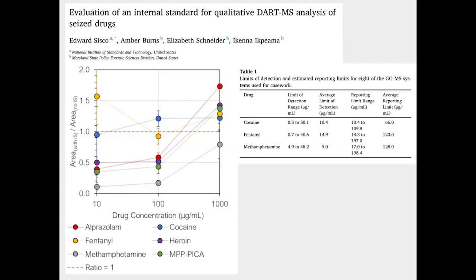So we wanted to see whether or not the internal standard would affect the ability to identify the common drugs that we see in samples. And we were able to show that there is a little bit of competitive ionization happening, but at the amounts that we have in samples, it was not a problem for detection. We also wanted to know what concentration to set our internal standard at.